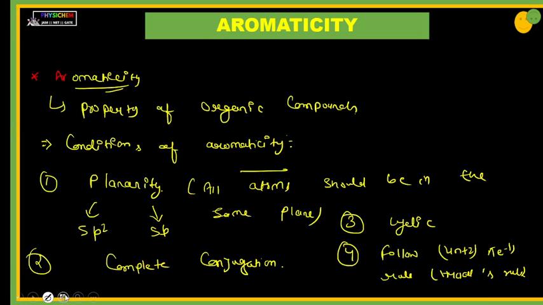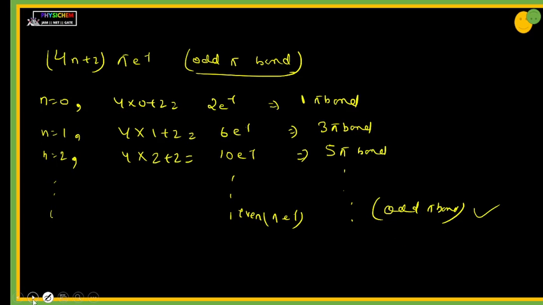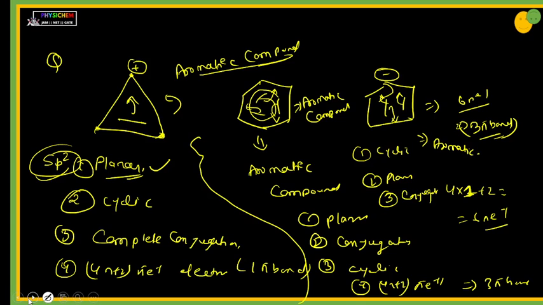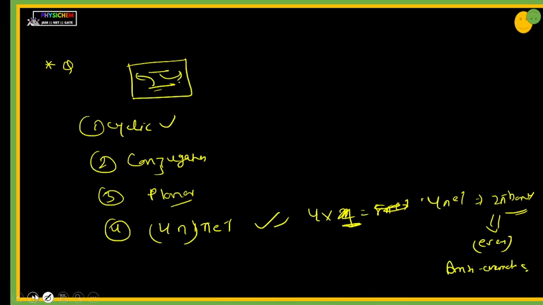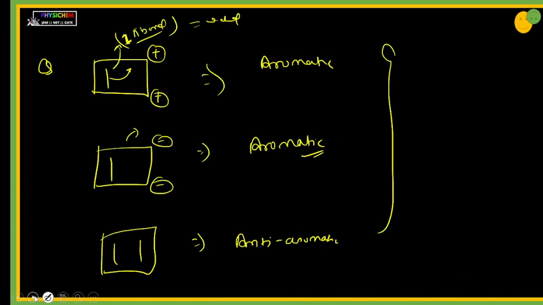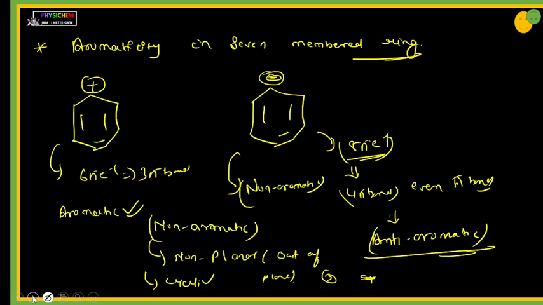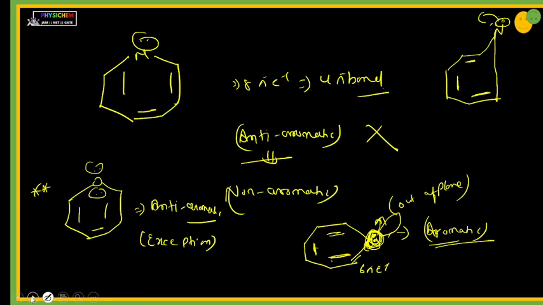We have already talked about the conditions of aromaticity for Huckel's rule, and these are the examples we have already discussed. This is the anti-aromatic compound, and this is the condition. There are some good questions which will be asked in your examination, and some exceptions also.